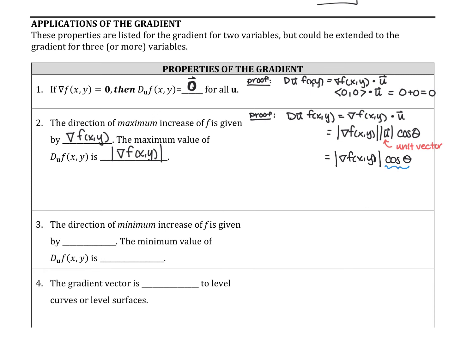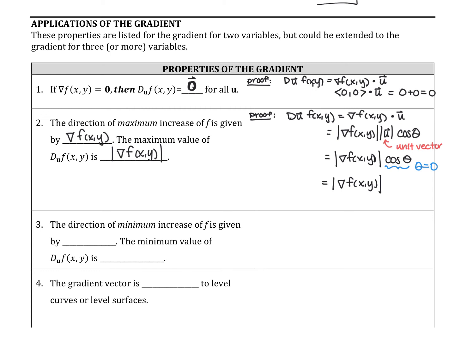Well, the max of cosine is 1, and it's at its max when theta equals 0, right? If theta equals 0, this is a value of 1, and so really I'm multiplying that by 1. So we can say that the directional derivative of maximum increase, the highest one we can get, is the magnitude of the gradient of f. So there's the proof for that.